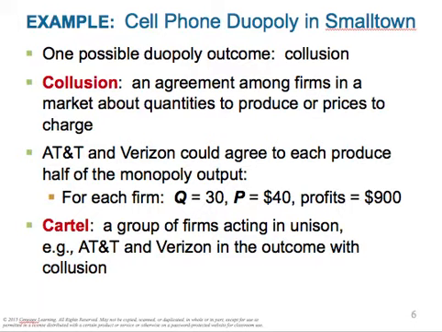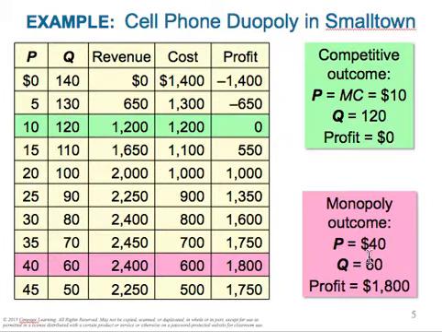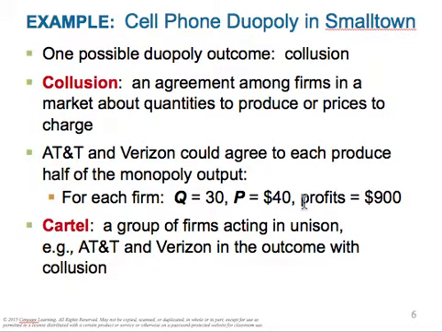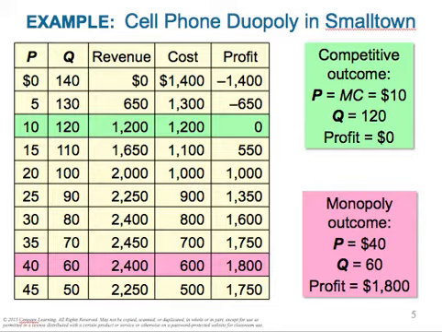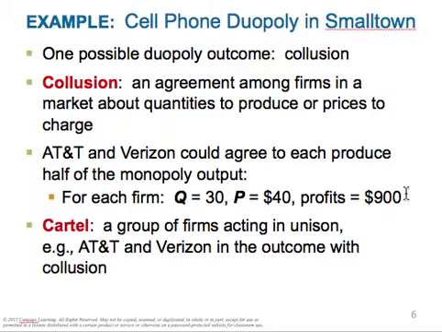AT&T and Verizon could agree to each produce half of the monopoly output. We said the ideal monopoly output on the previous slide would be 60, so each firm would produce a quantity of 30. They would agree to a price of 40, and the profits would be $900 apiece. Now, that's if they work together and just split the market.